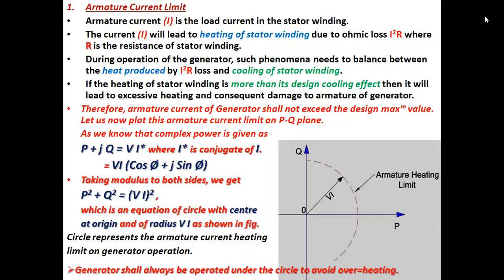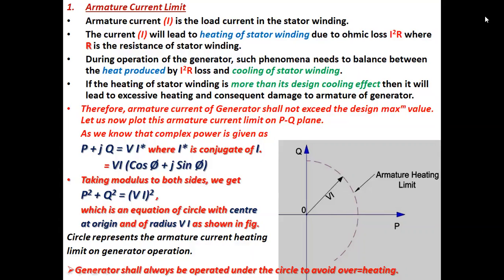Let us now plot this armature current limit on PQ plane. As we know that complex power is given as P plus jQ is equal to V I star, where I star is conjugate of I, is equal to VI cos phi plus j sin phi.